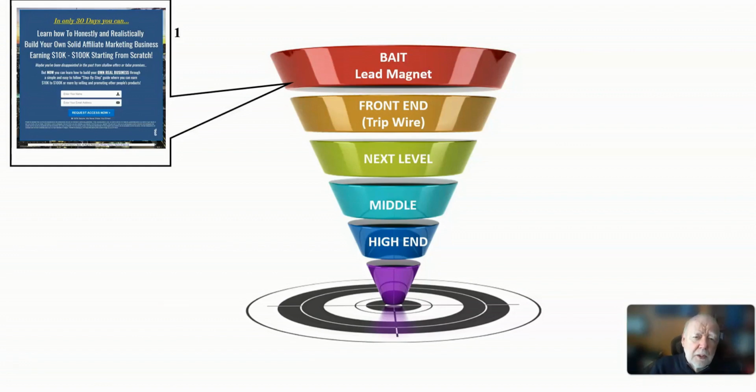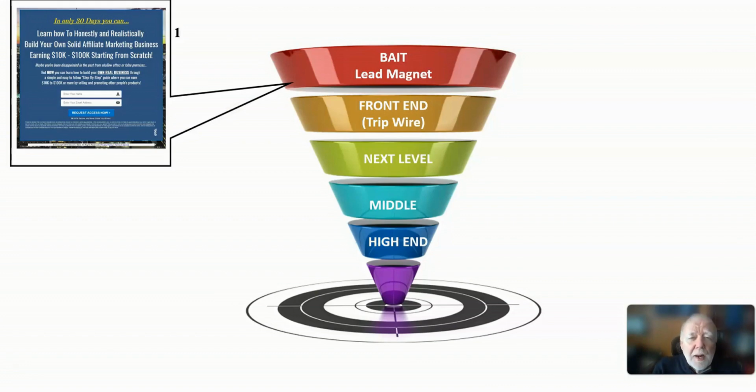But in order to get that free item, they have to provide their name and email address. So now you get them on your list, which I'll get to in a moment. So the bait, the lead magnet, if you please, draws that prospect into your funnel.